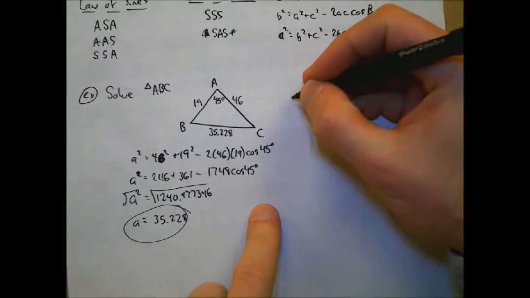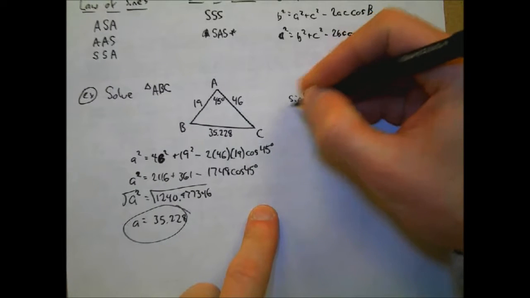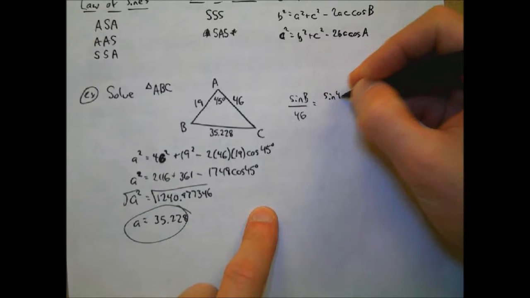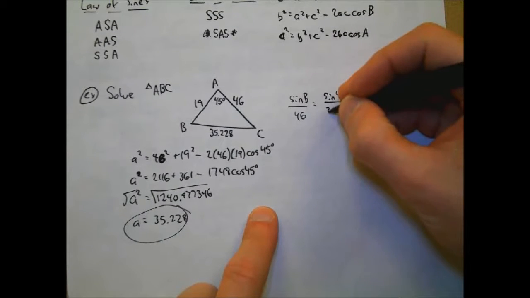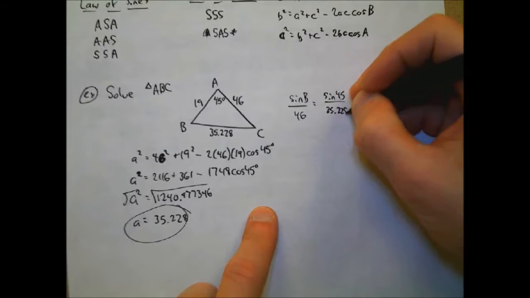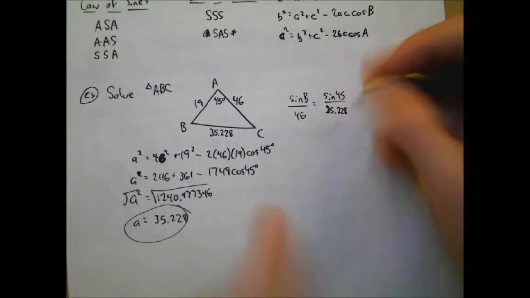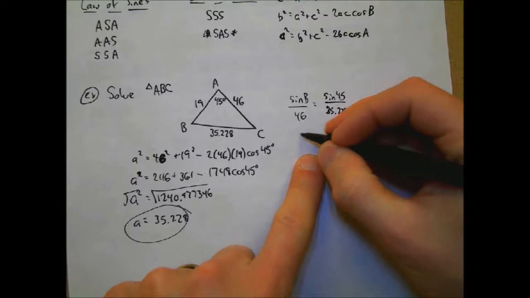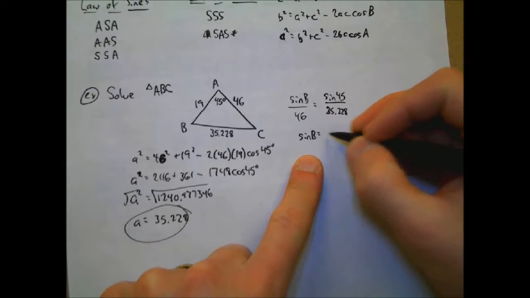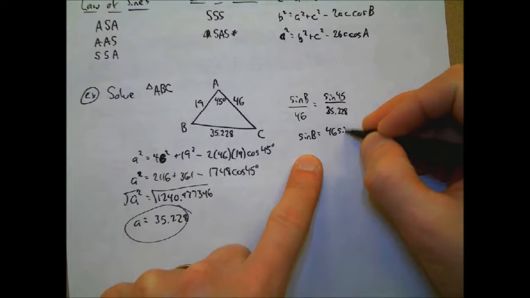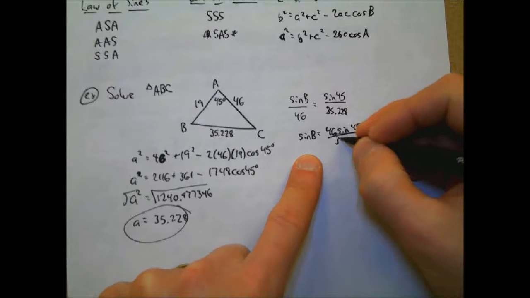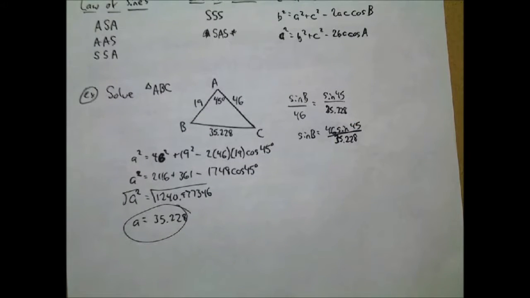We'll say sine of B over 46 equals sine of 45 over 35.228. Cross multiply and solve here. Oops. And then, of course, we'll do the sine inverse as well.